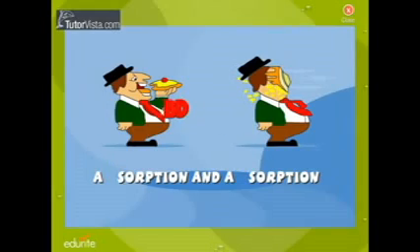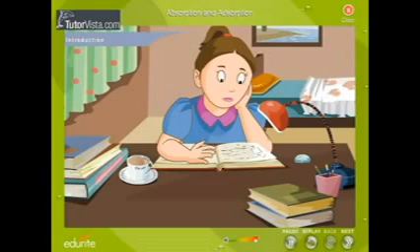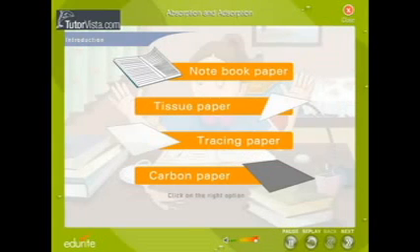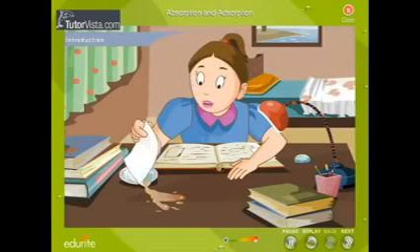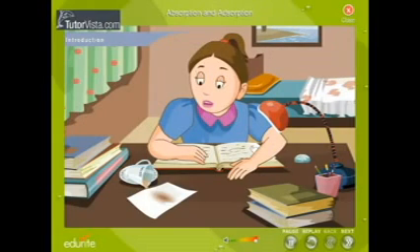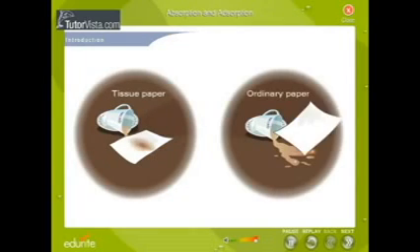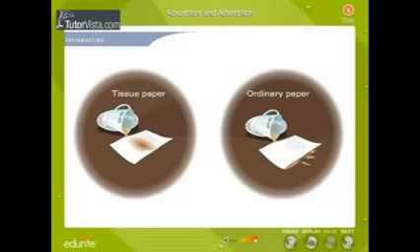Absorption and adsorption. Some tea accidentally falls while you're studying. What is the best way to remove it immediately? Click on the right option. Yes. Now watch the tissue paper suck away the spilled liquid quickly. If we had used ordinary paper, the tea would not be completely absorbed. Tissue paper absorbs a liquid and ordinary paper adsorbs a liquid. How are these two different? Let us learn more on them.